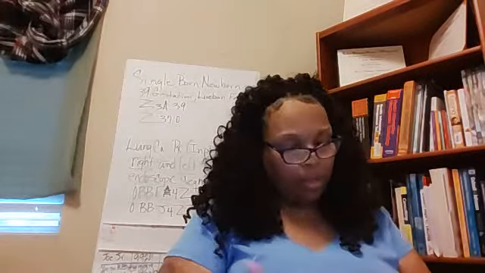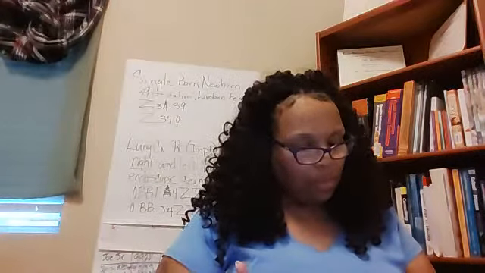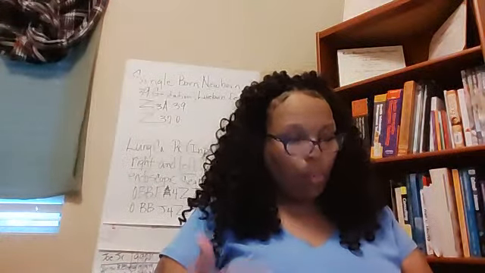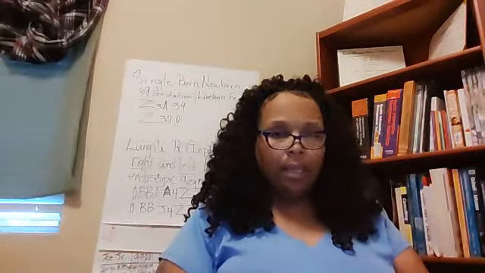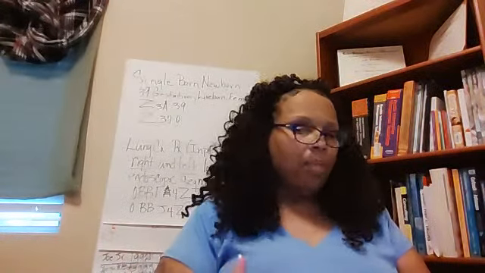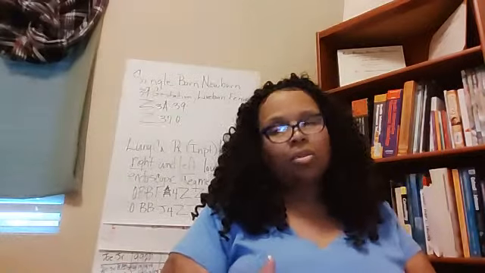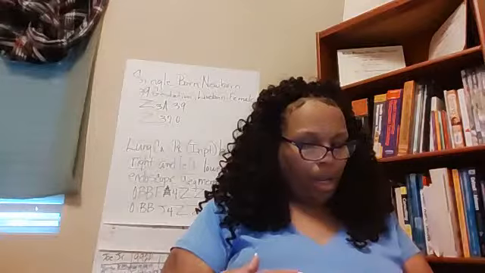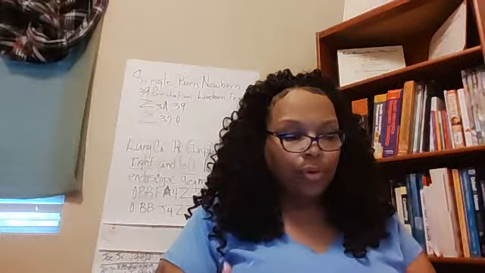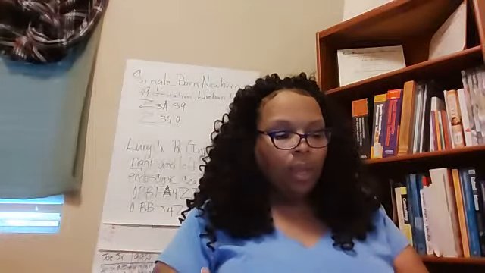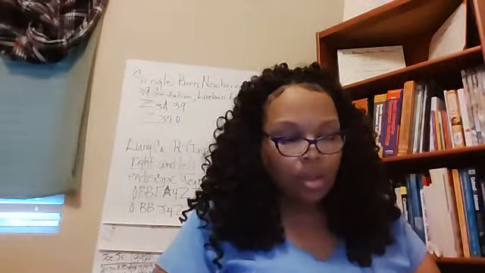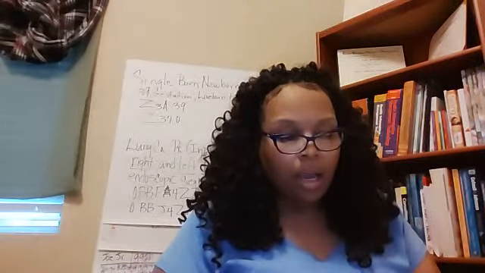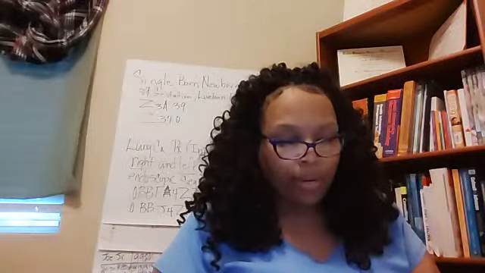The second one says gestation weeks 20 through 29. So again, the baby is not premature. These are weeks of premature delivery. Weeks 30 through 39. And then it also goes up to weeks of 40 or greater.